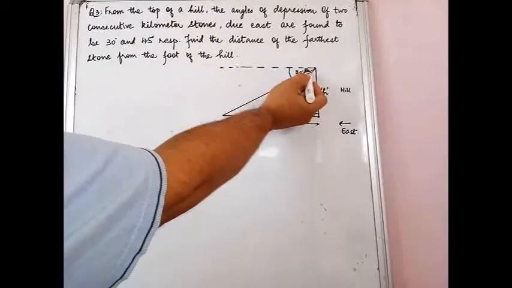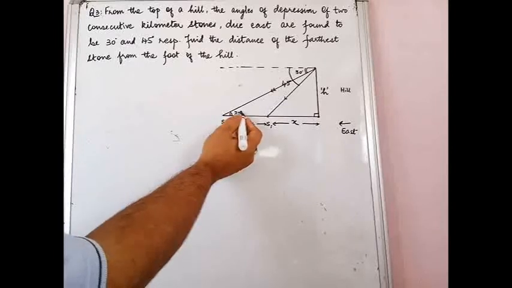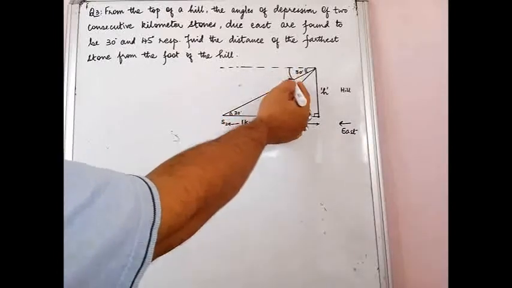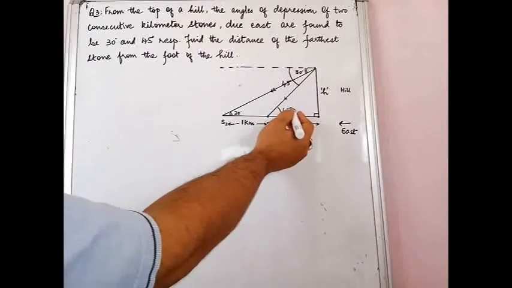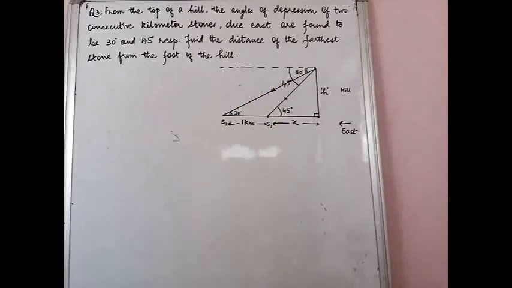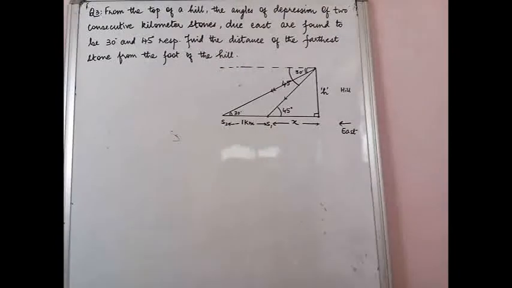Since this angle was 30, this angle will also become 30 degrees, and since this entire thing was 45, this entire thing will also become 45, because they are alternate interior angles lying between the parallel lines and the transversal.